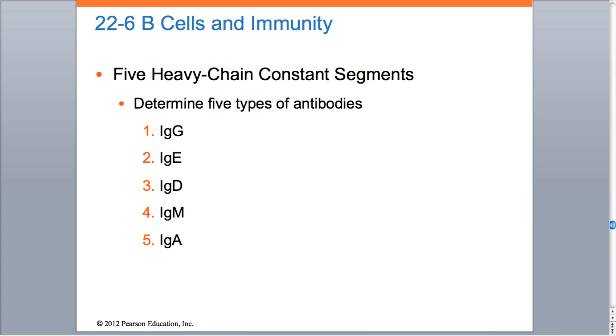The oddball that looks different is IgM. IgM is considered a pentamer because it looks like a pentagram, or like the pentagon, and you'll see that in a moment. Each one of these has a different function, and we'll see that in a moment. Next slide.